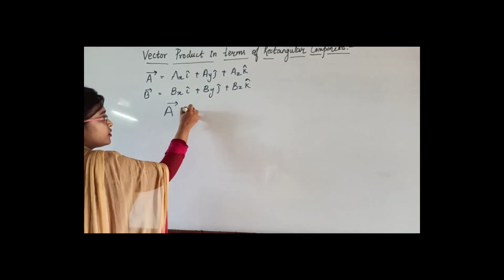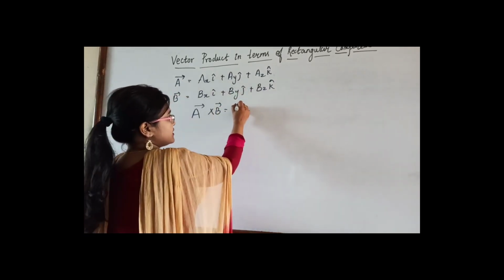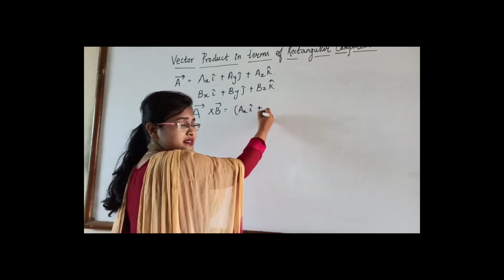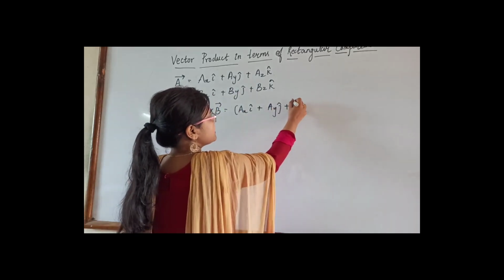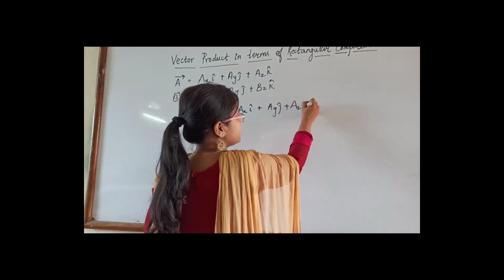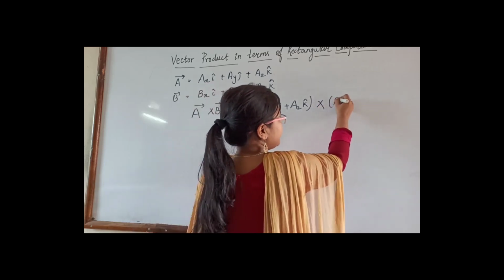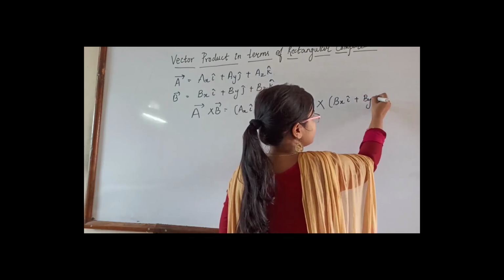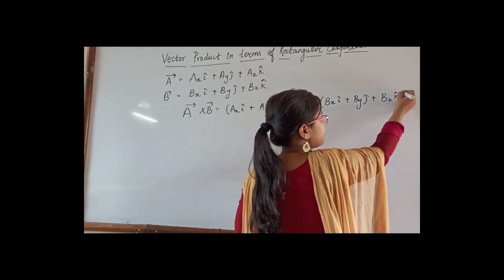Vector A cross vector B equals, in terms of rectangular components, Ax I cap plus Ay J cap plus Az K cap cross Bx I cap plus By J cap plus Bz K cap.